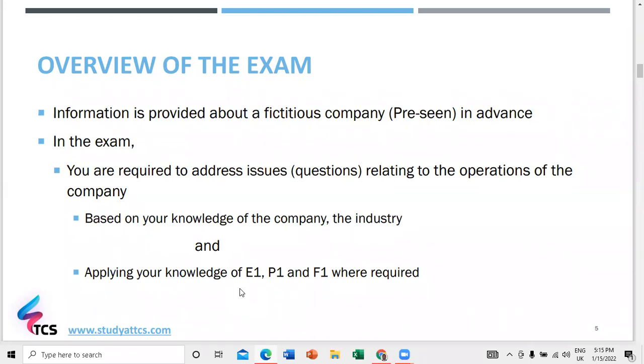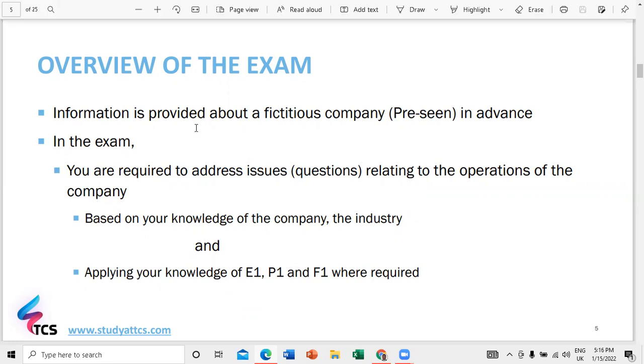So you need to have a good understanding of the syllabus content, as well as an appropriate level of understanding about the pre-seen. Those are the prerequisites which you need to achieve before you start your OCS journey. So first things first, you need to know your pre-seen and you need to know your syllabus content pertaining to E1, P1, and F1 related areas. And I'll be highlighting more about these points later on.